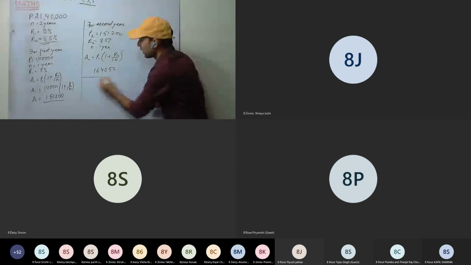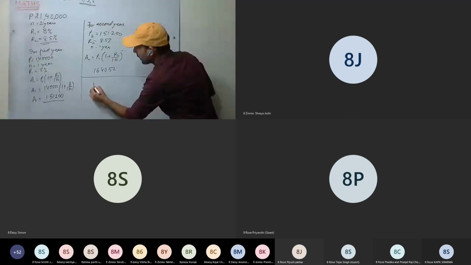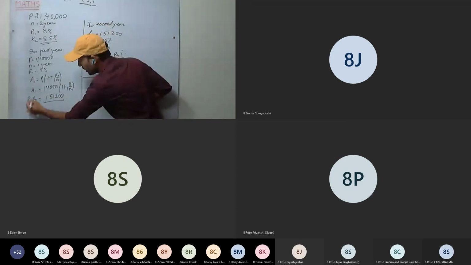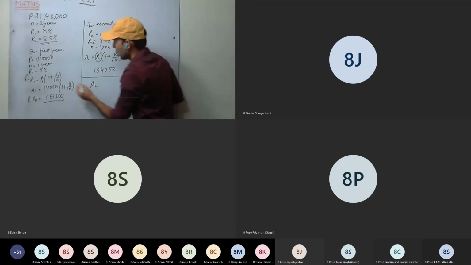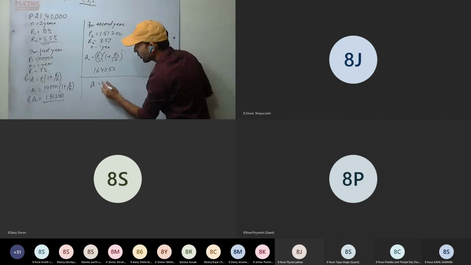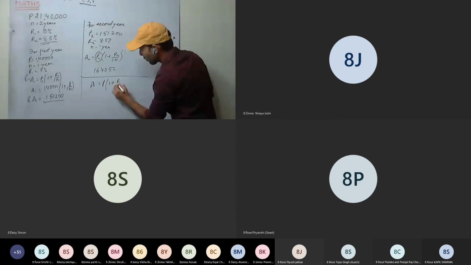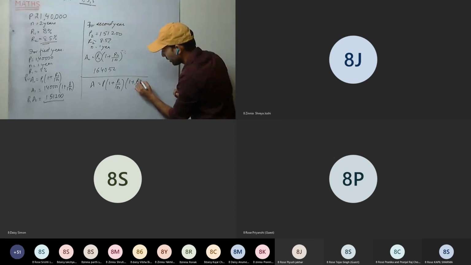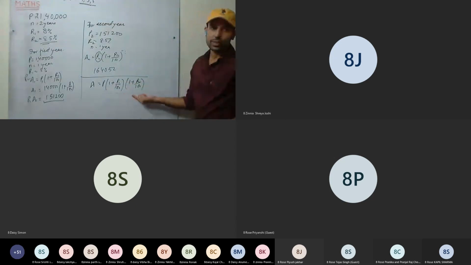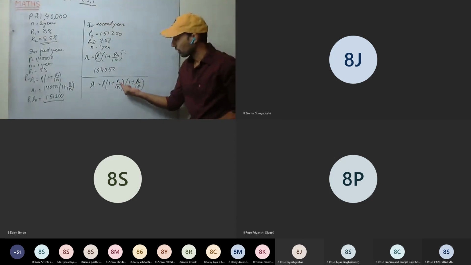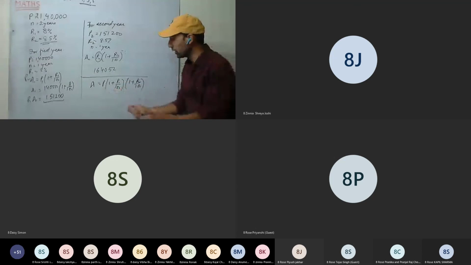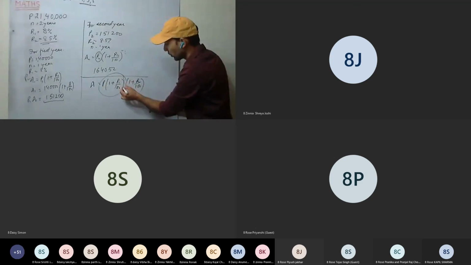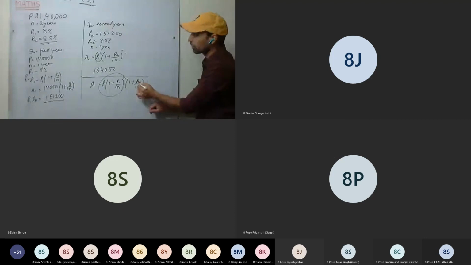Now see here, the formula as well. Put the value of P2 there. So amount equals P1 times 1 plus R1 upon 100 times 1 plus R2 upon 100. Directly as well we can do it. For the first year we calculate the amount, and now this amount acts as principal for the second year, times 1 plus R2 upon 100.